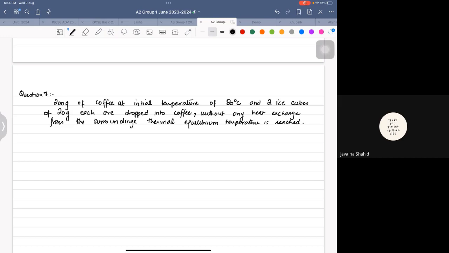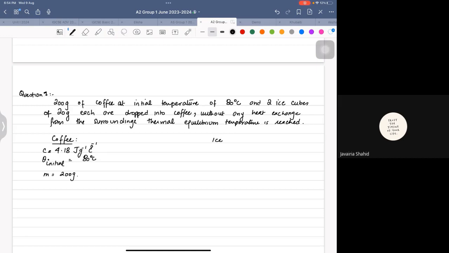They've given you some of the things as well. So for coffee, they've given you a data. The heat capacity is 4.18 joules per gram per degree Celsius. Initial temperature is given as 80. You guys know this. And the mass is 200 grams.